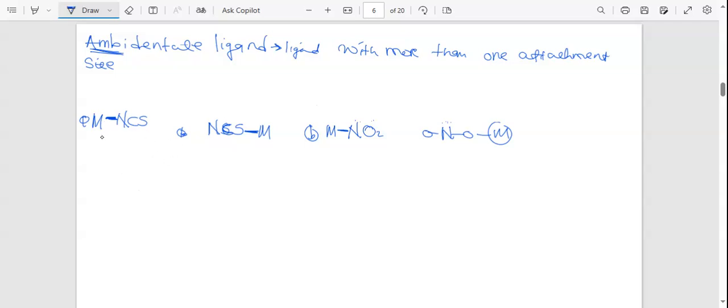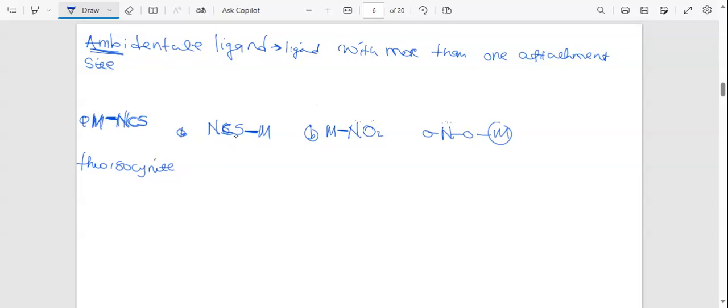So if this cyanide bonds or makes a bond with a central metal through the use of nitrogen, then we'll call this isocyanide, or cyanito when it is just alone.